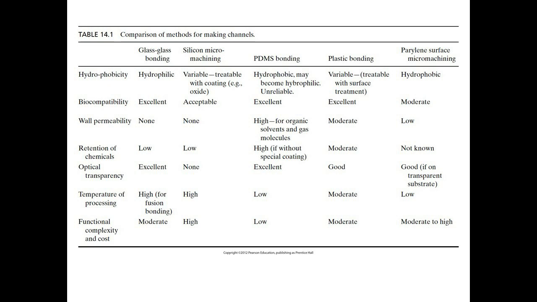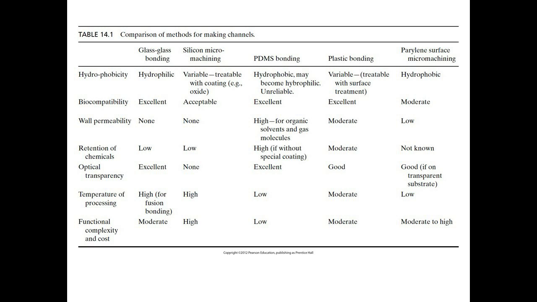Slide number 28 is a very good example of what we are talking about in the previous slides. The table shows you the characteristics of the channel that we want to consider: the hydrophobicity, biocompatibility, wall permeability, retention of chemicals, optical transparency, temperature of processing, functional complexity and cost.